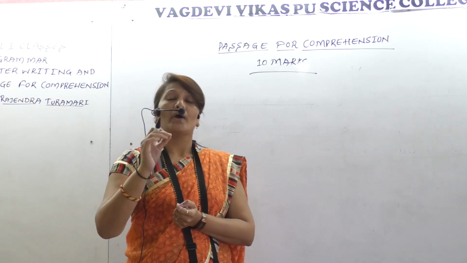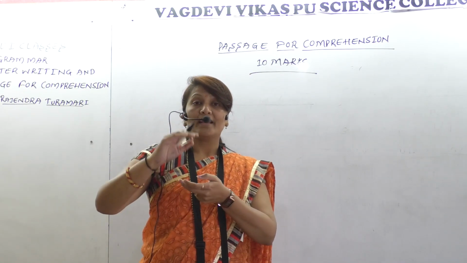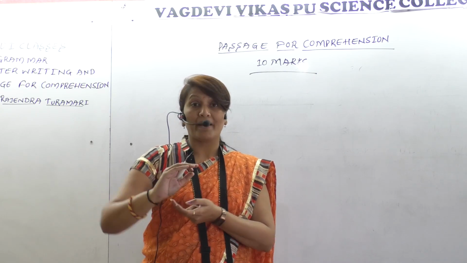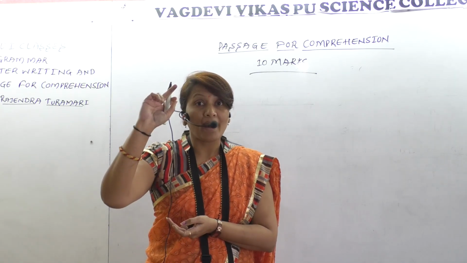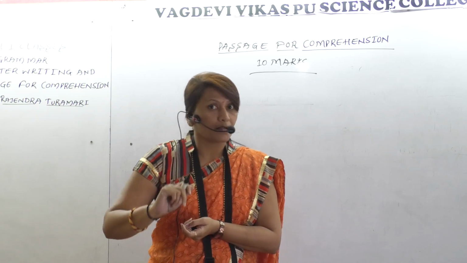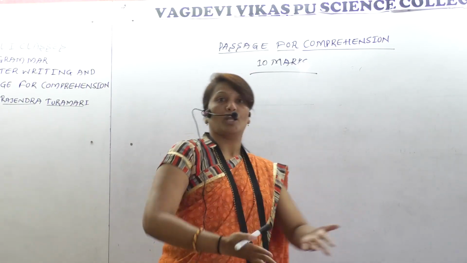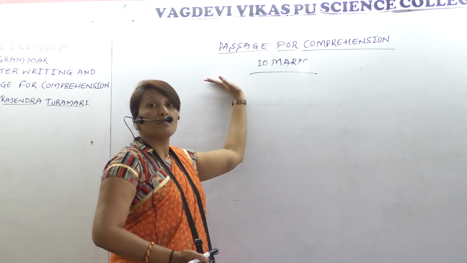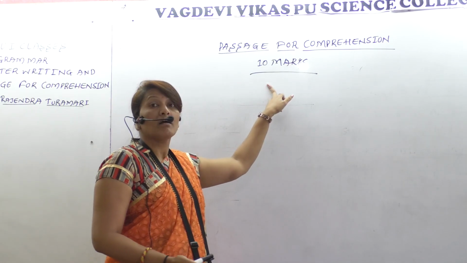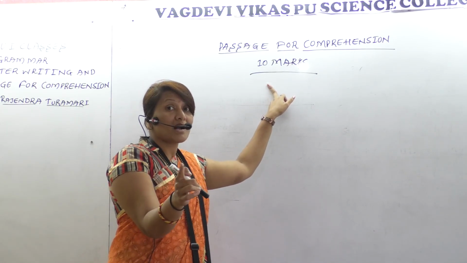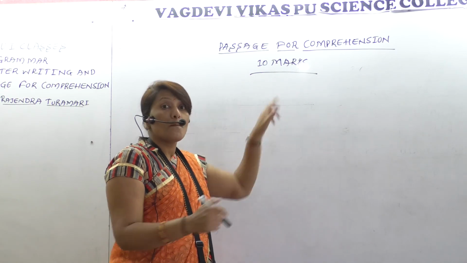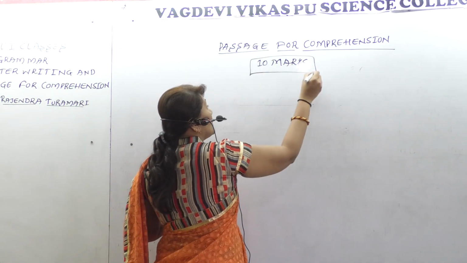In your high school you had paragraph reading and writing the question set of the paragraph. There you had only 5 marks for the paragraph, but here in your first PU as well as in your second PU, you have a passage not for 5 marks, but for how many marks? But for 10 marks.